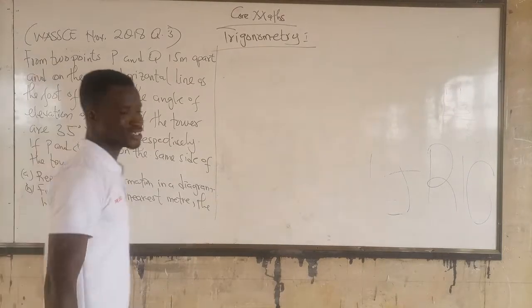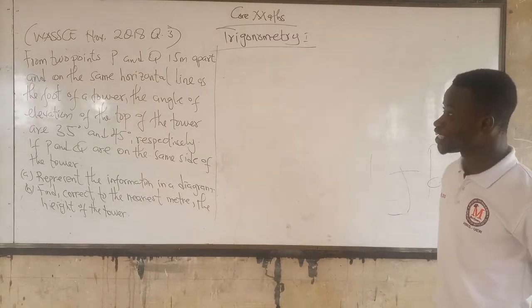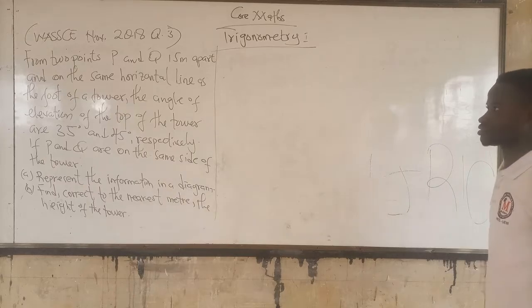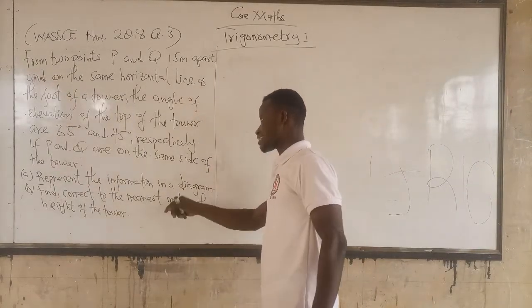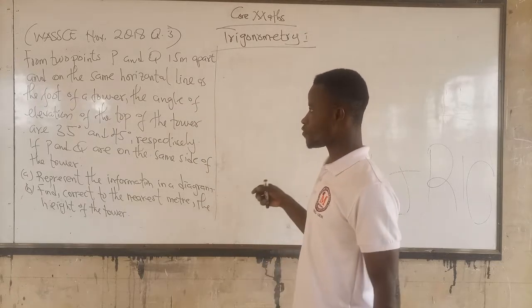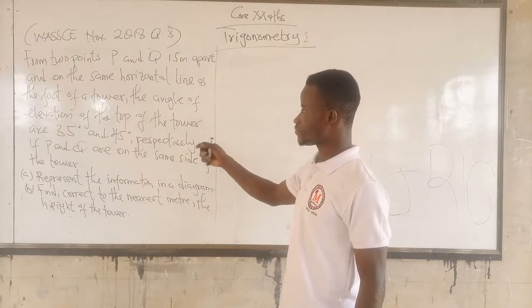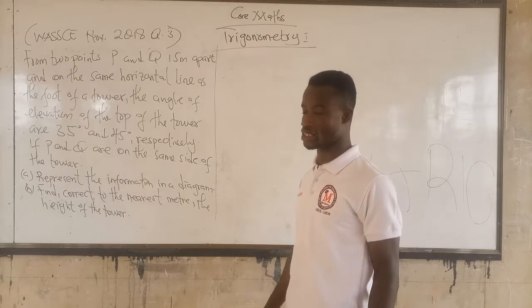WASSCE on deck 2018, question 3. From two points P and Q, 50 meters apart, and on the same horizontal line as the foot of a tower, the angles of elevation of the top of the tower are 35 degrees and 45 degrees respectively.